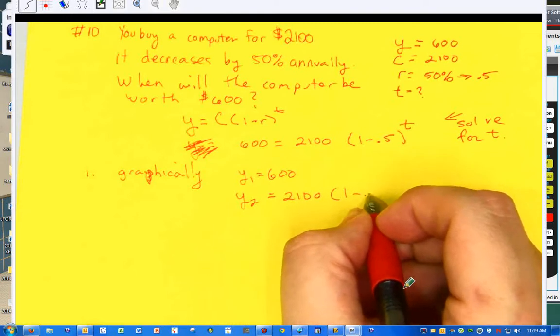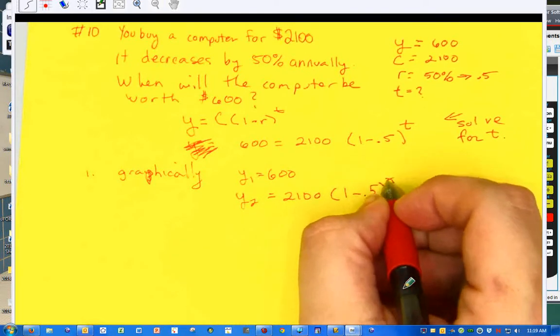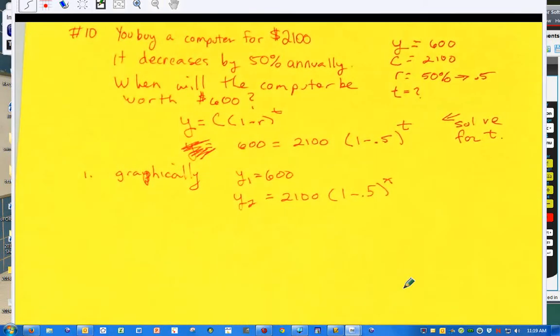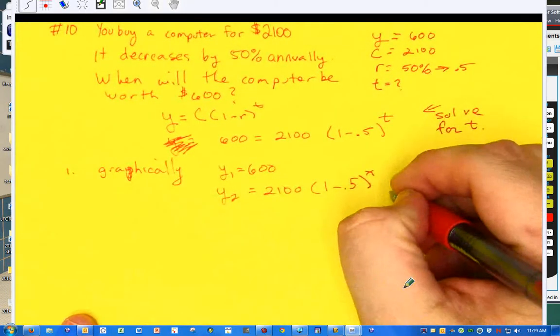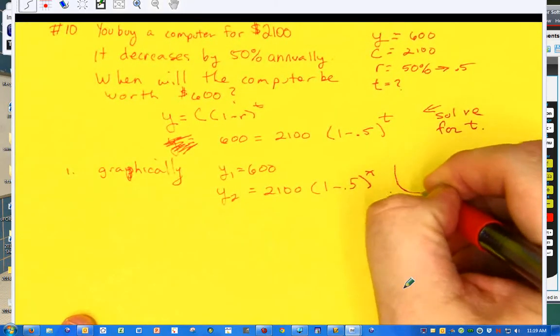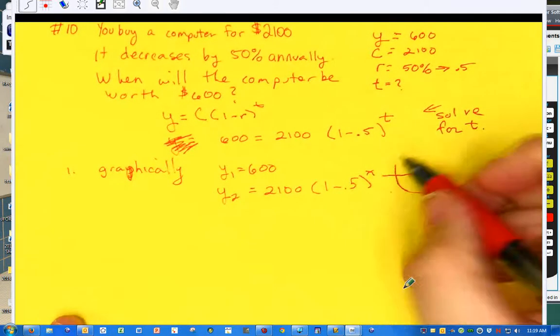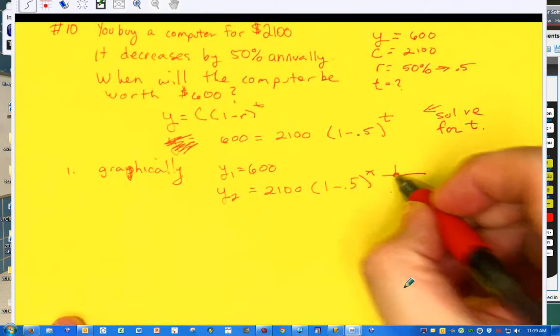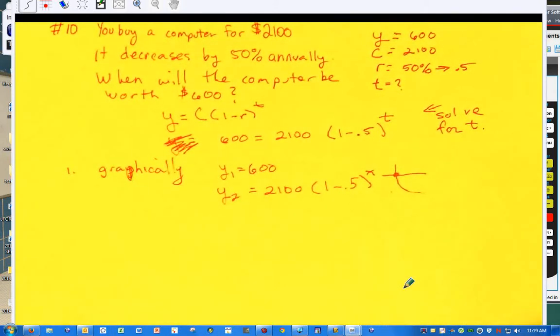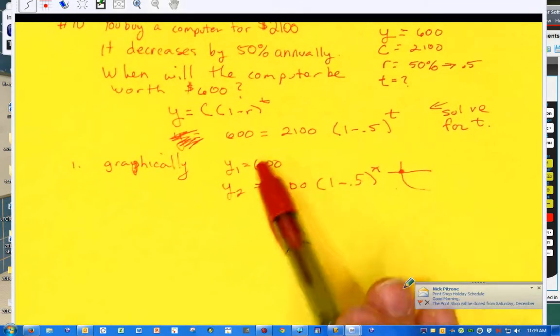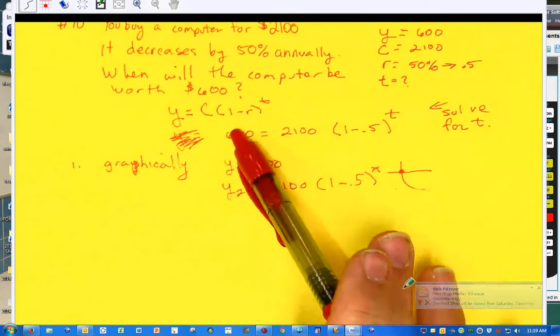And so what will actually happen is you'll have a picture like this, and then you'd find that point of intersection. But that's not what I'm going to show you today. That's a way that you can solve any equation. Graph one side, graph the other side, see where they hit. Where they hit is going to be your x value.